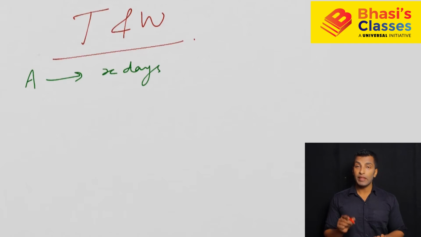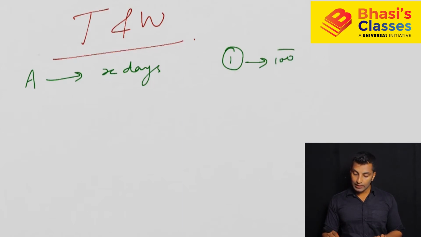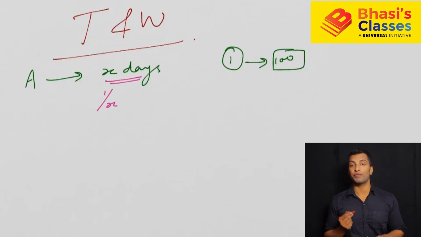What does this mean? In one day he can complete how much work? You need to assume that one full work means 1, or later we will understand it in a percentage way. One work to be completed means you will have to complete 100% of the work. So if A can finish a work in X days, it means in one day he will complete 1 by X of the work.